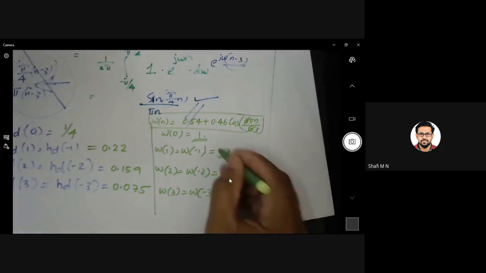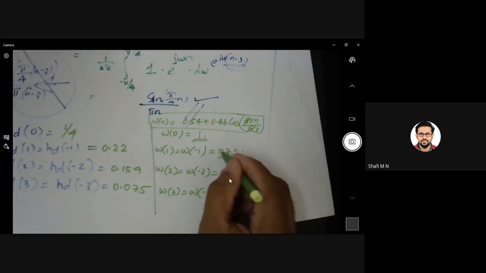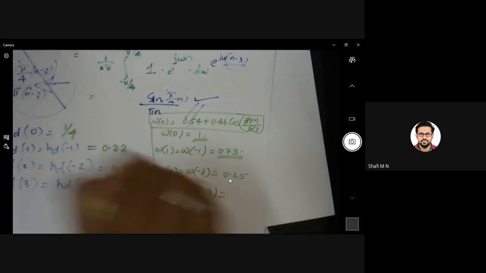So these values are incorrect. ഈ വാല്യൂ ഒന്ന് കറക്റ്റ് ചെയ്തോണേ. I doubt these values. ഇത് ഹാനിങ് വിൻഡോയുടെ വാല്യൂസ് ആണെന്ന് തോന്നുന്നു. ഒന്ന് ക്രോസ് ചെക്ക് ചെയ്തേ.